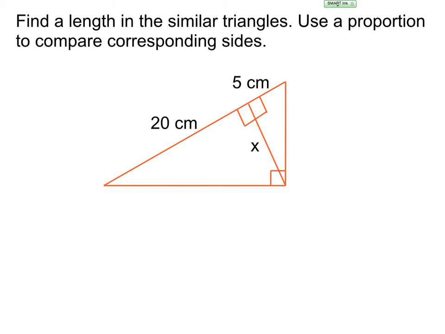Okay, the small one and the medium one. You don't need the great big one. Okay, so let's think about the medium-sized one and the small one. Okay, they both have a right angle. This one has 20 and x. That one has 5 and x. What other angle matches?